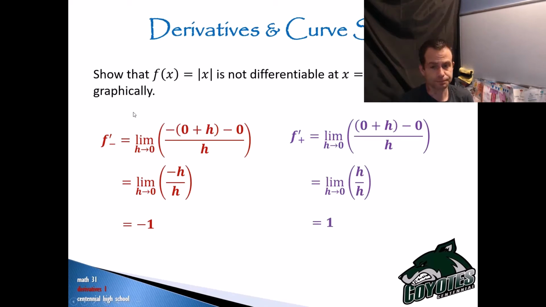Now, some of you can look at this and say, yeah, but I could never have plugged 0 in either, which means at 0 there is no derivative. So we can say the derivative at 0 does not exist. And so this proves algebraically that it's not differentiable.